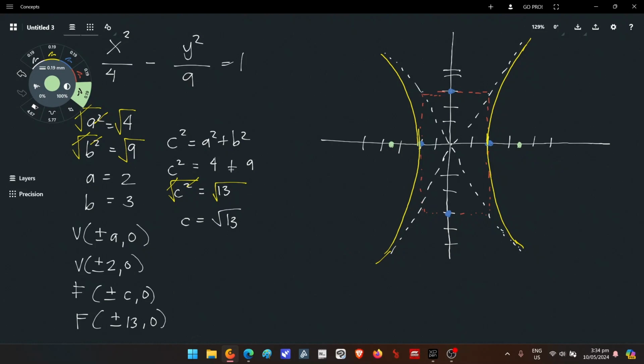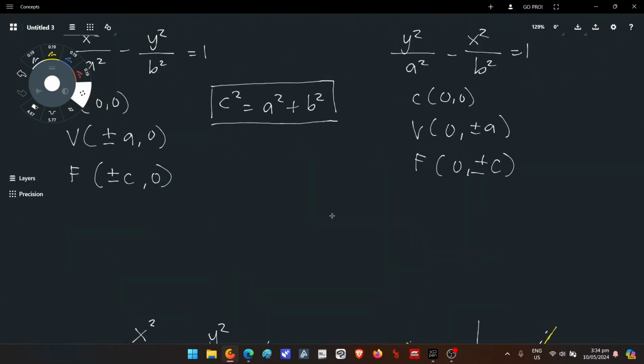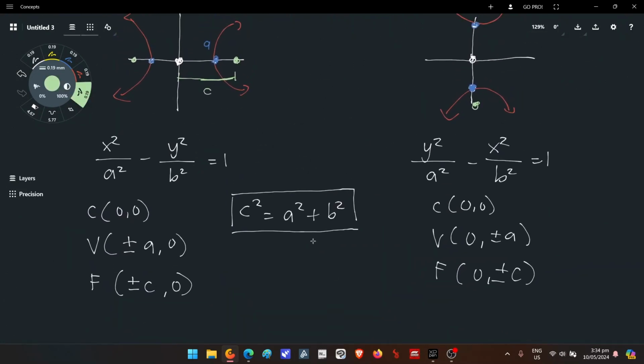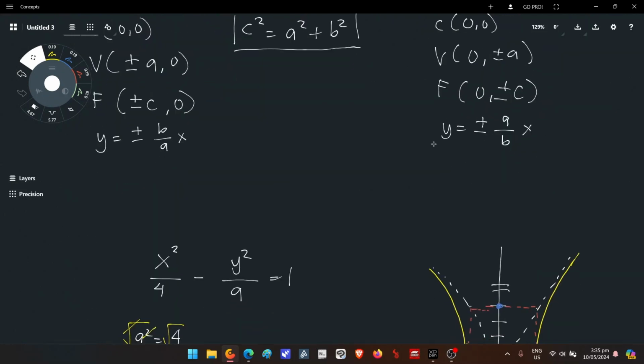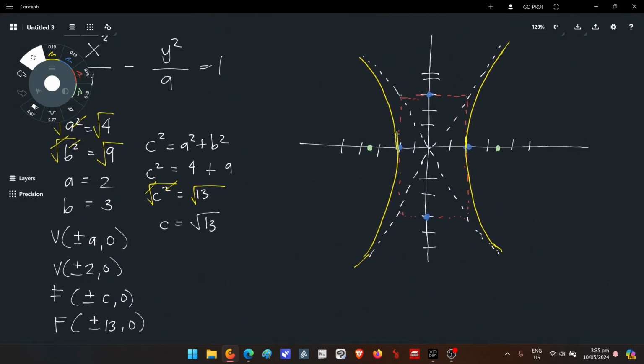Now to find the asymptotes. The formula for asymptotes is y is equal to positive, negative b over a x, if this is the graph. And for this side, it is positive, negative a over b x. To remember, always remember that we are finding this part of the graph, so it is basically slope.